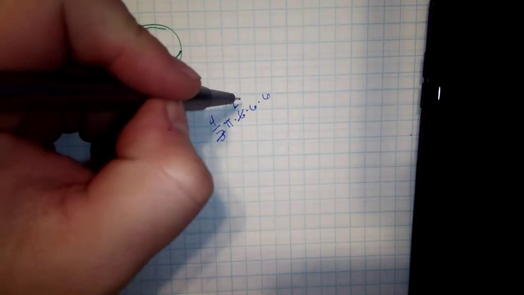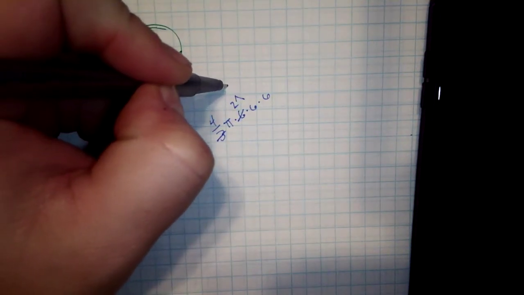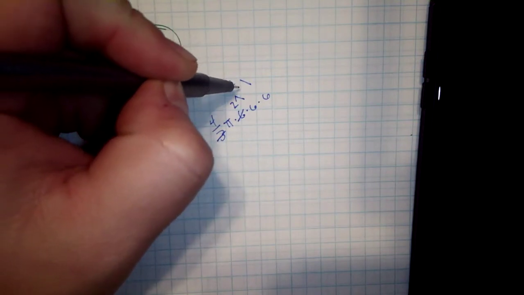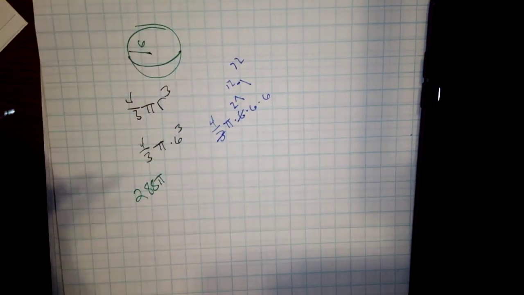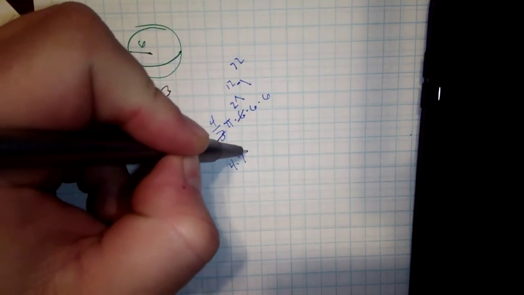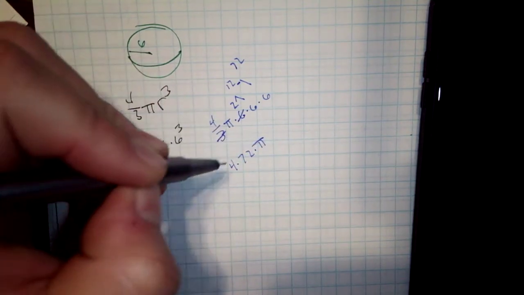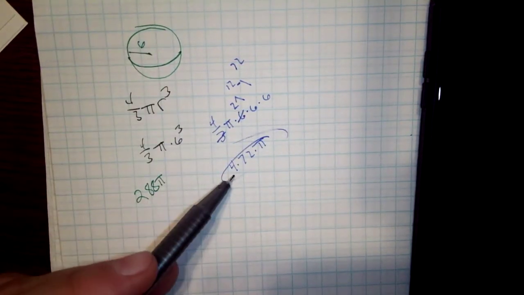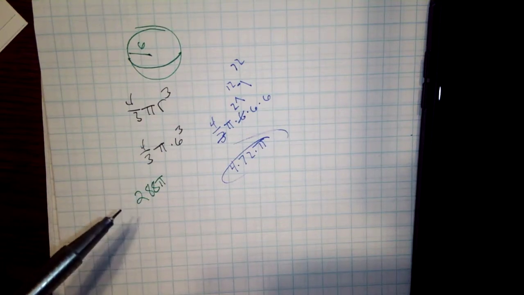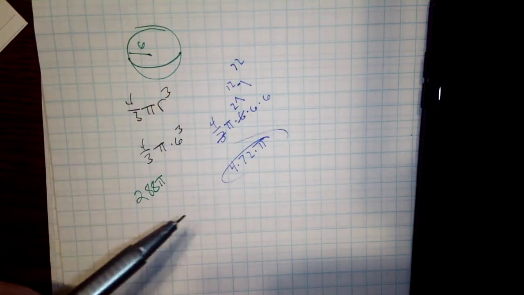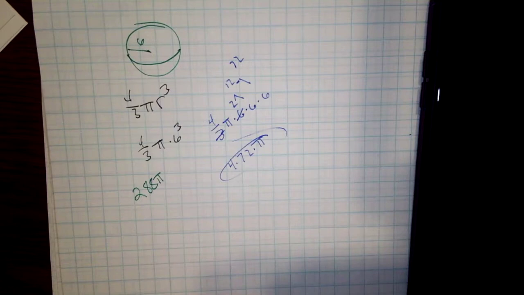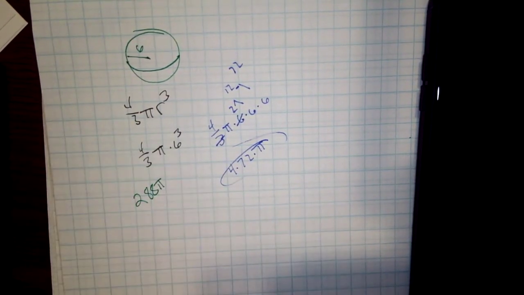So I could say 2 times 6 is 12, 12 times 6 is 72. So I got 4 times 72 times pi. This gets me the exact same answer as the other way. I just skipped the step and divided the 3 before I went to the calculator. However you want to do that is based on your own math comfort.